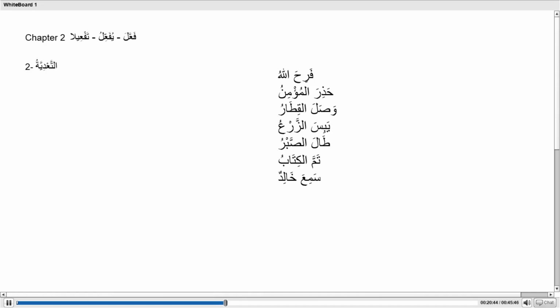يبس الزرع. يبس is of which chapter? It's supposed to be an answer because I gave the question. Aywa, 4 and 5? Why? How can it be 4 and 5? Bismillah.